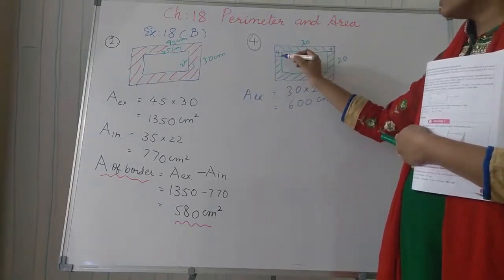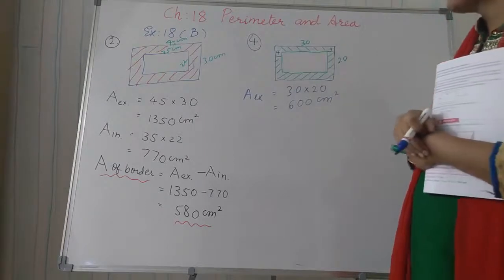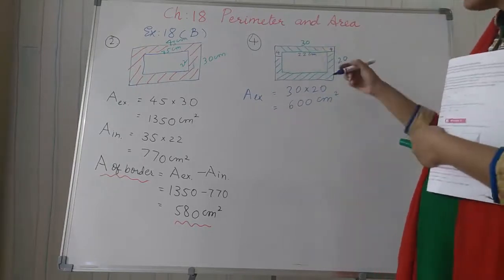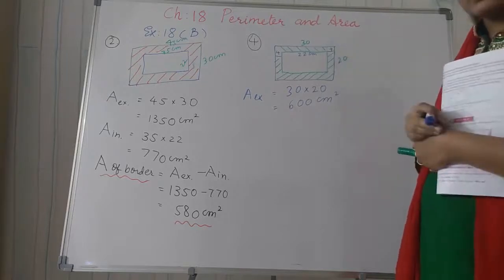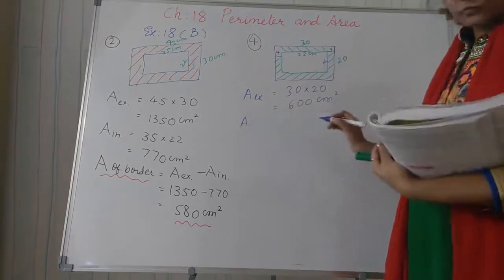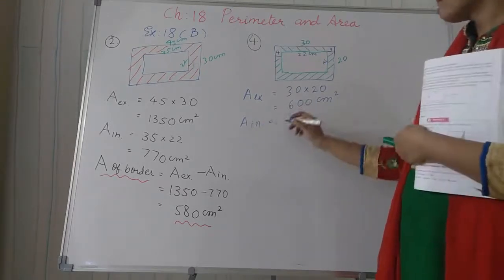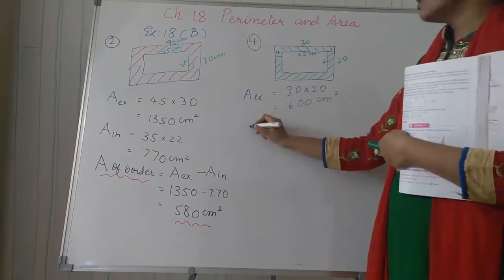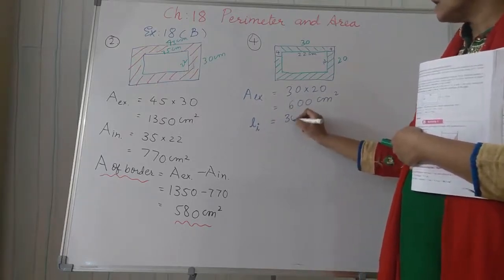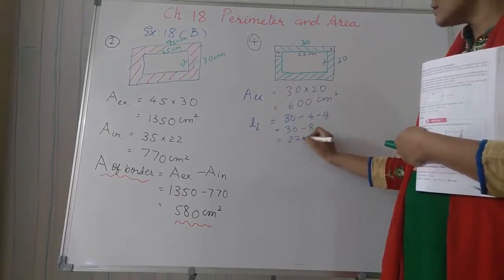Now, if the 4 centimeter strip is cut, what will be the inner measurement? 30 is there, and 4 is cut from both sides, so 30 minus 8, and that will be 22 centimeters. Similarly here it is 20, so 4 is cut from both sides. 4 plus 4 is 8, so 20 minus 8 is 12 centimeters. So we have to find the area internal. Length inner is 30 minus 4 minus 4, so you can write 30 minus 8 is equal to 22 centimeters.